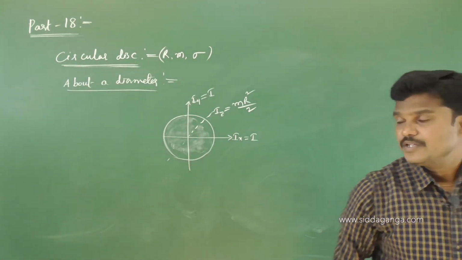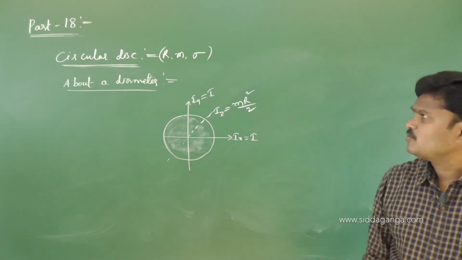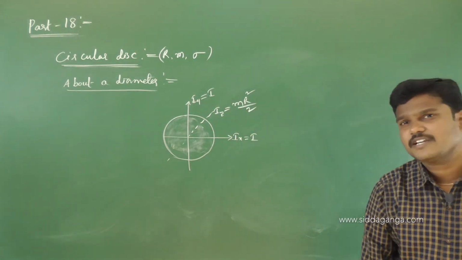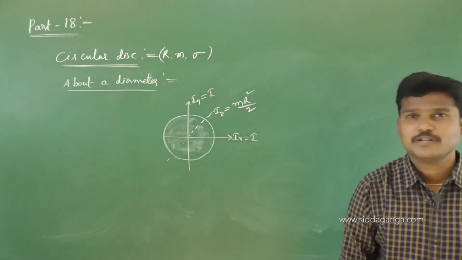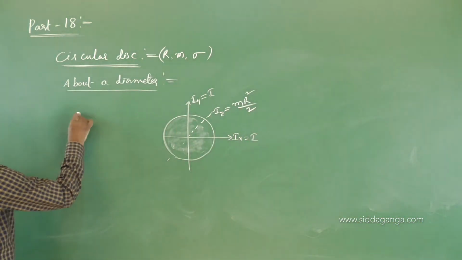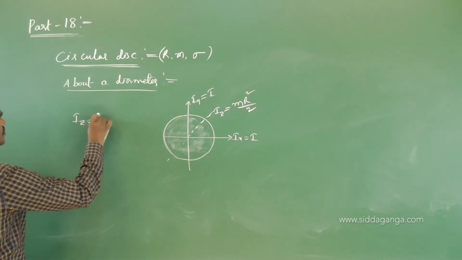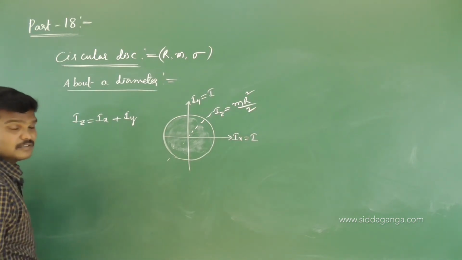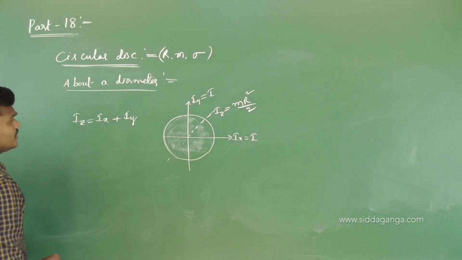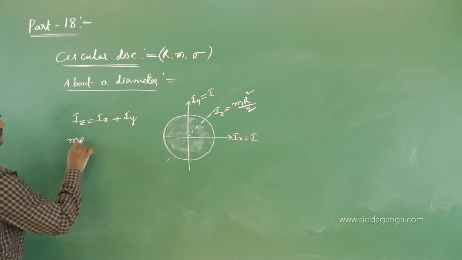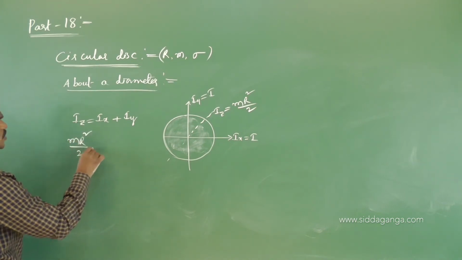Okay, so tell me what theorem we have to apply to get Ix, otherwise Iy. Ix and Iy, because of symmetry, both values are the same. So from the perpendicular axis theorem we can write Iz is equal to Ix plus Iy. Iz, what is Iz? m r square by 2.